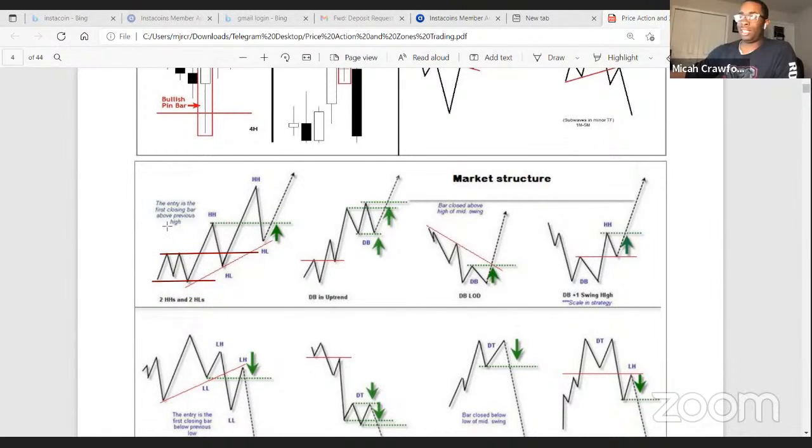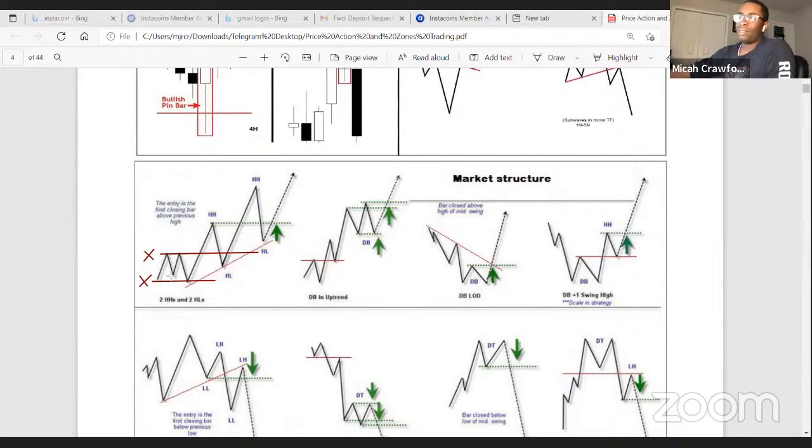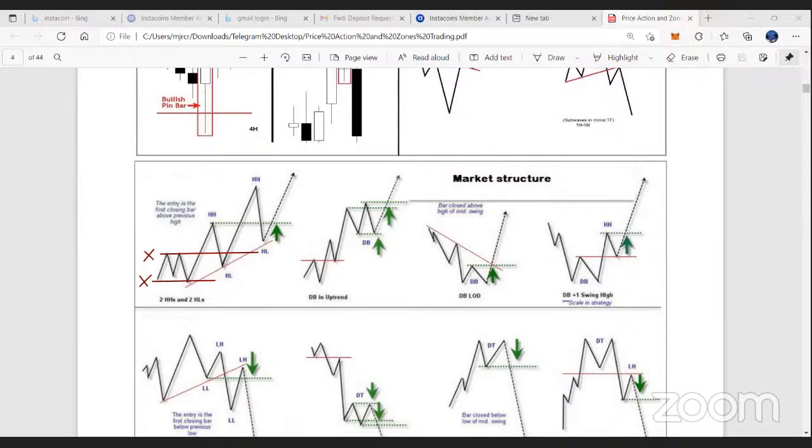What else did we see in between right here and right here? What's something else that you guys see? Ranging. All right. Anybody else see anything? Would that be consolidation a little bit?